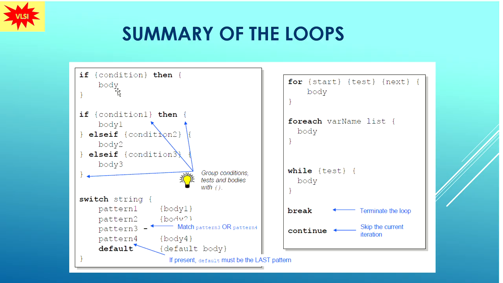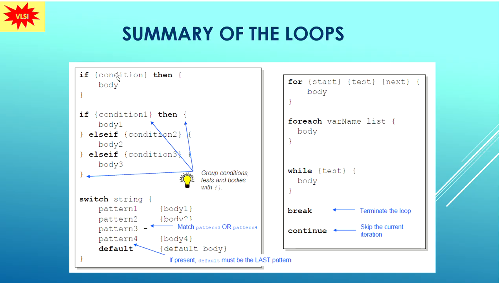Let's say something is written as puts, and then something is written in that puts, that will be executed. This body can contain other loops also, which we call nested loops. It can be a single command or a group of commands. In the same way, this condition can be a single condition or a group of conditions as well.